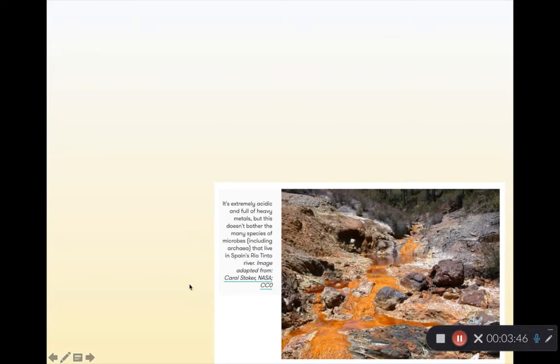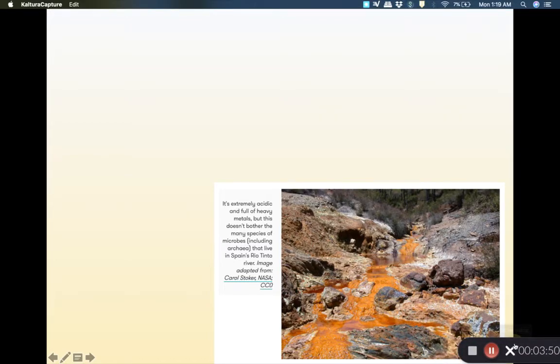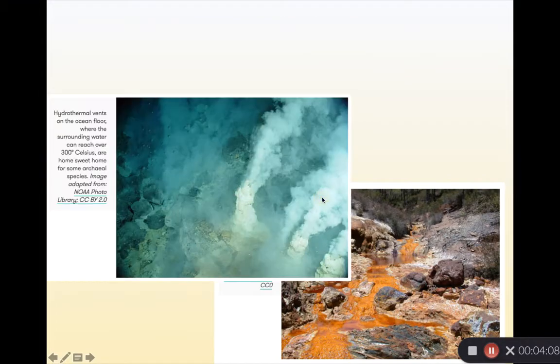So I wanted to give you some examples of where archaea can live. For example, we have this river called Spain's Rio Tinto, which is extremely acidic and full of heavy metals, but there are lots of microorganisms, including archaea. Another example, which we've been talking about extensively, is again those hydrothermic vents.